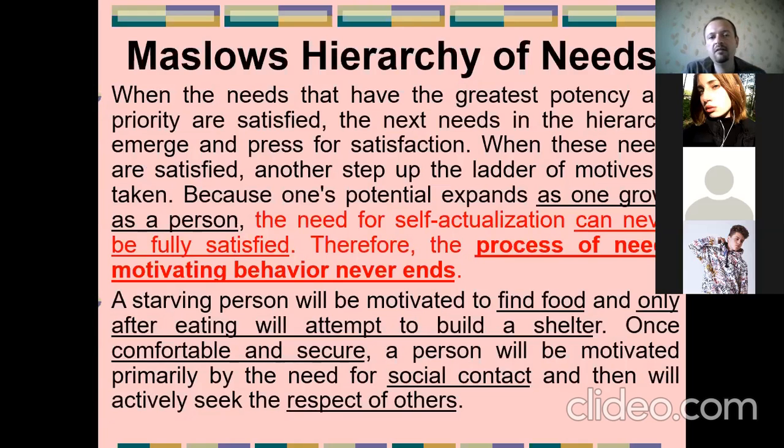Generally somebody can think that we can satisfy all needs, but as you might remember from our previous lecture, all psychological needs, we learn these needs from our experience. That's why the process of needs motivating behavior never ends. It means that from our experience we can gather some new information, and we will have a bigger number of needs in future anyway.